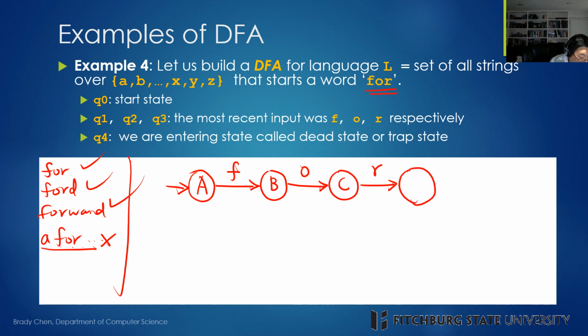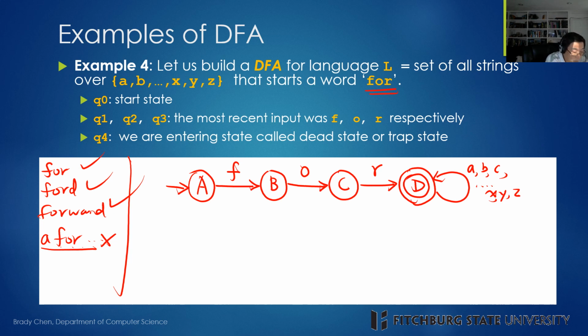We reach the accepting state, D. Now, it really doesn't matter what character we enter after D. If it's A or B or C, X, Y, Z, it's all accepted. So it still stays in the accepting state.